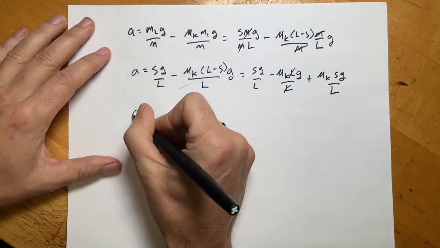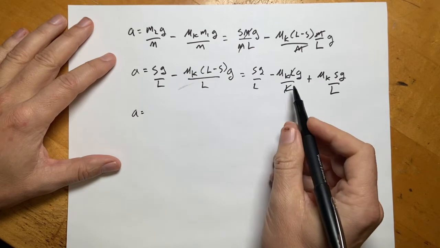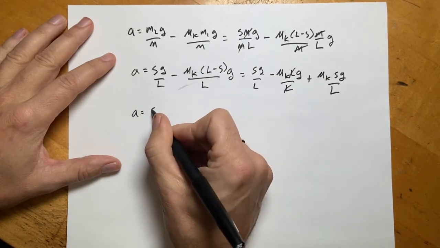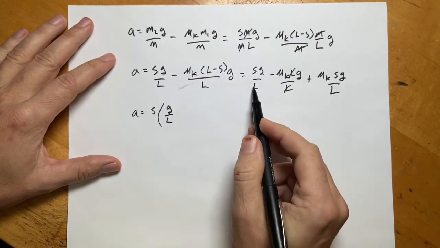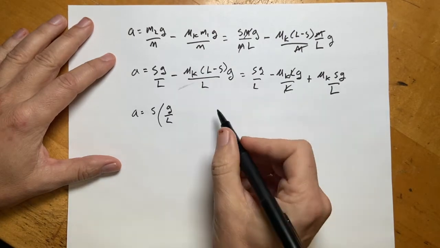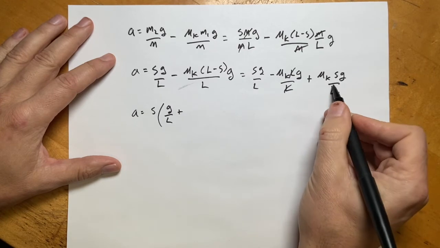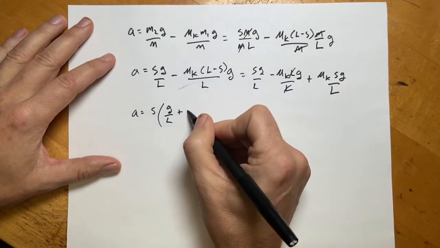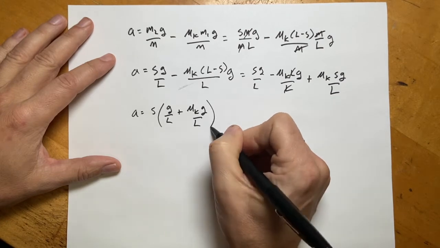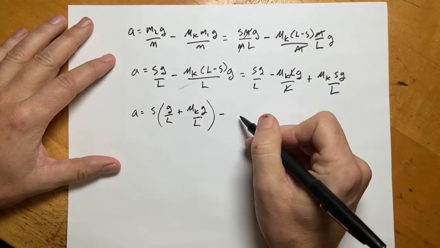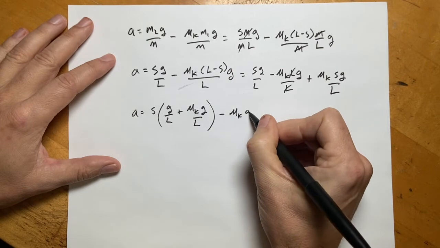So let's say A equals S times G over L plus mu K G over L, minus mu k g.